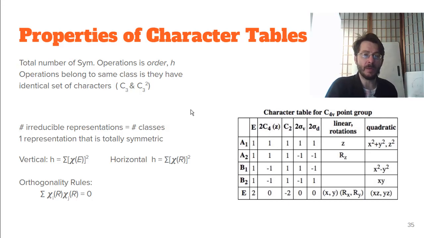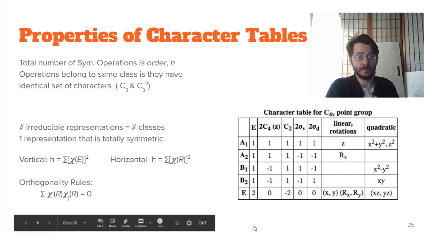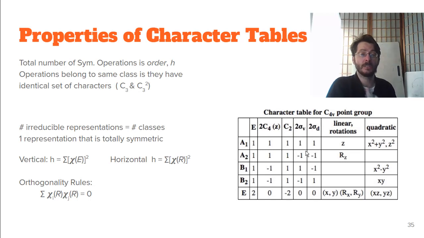It turns out that the number of irreducible representations, often given the symbol gamma, is the same as the number of classes. All right. So, and the characters that we see, these are the characters, have certain rules that apply.